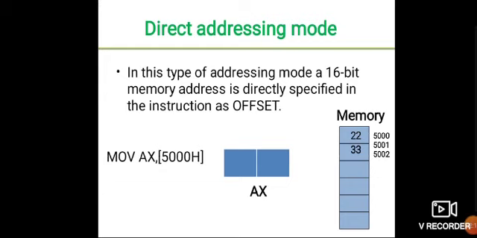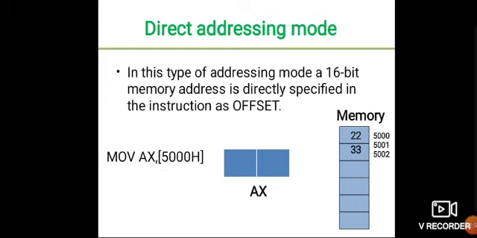Let us just consider the memory is addressed with locations 5000, 5001, 5002, for example. The meaning of this instruction is that after the execution, whatever content I have in location 5000 and in 5001 will be loaded in AL and AH respectively.